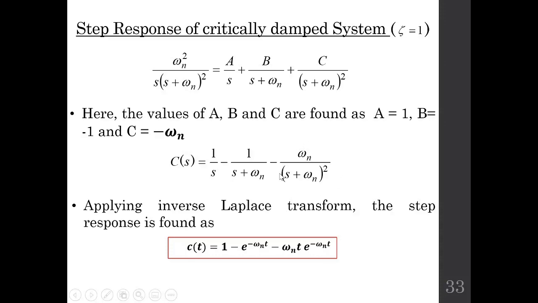After applying it, we can find the inverse Laplace transform as minus omega_n t multiplied by e^(-omega_n t). Simply taking the common terms out, we can rewrite this equation like this. So this is the final form of the step response of a critically damped system.